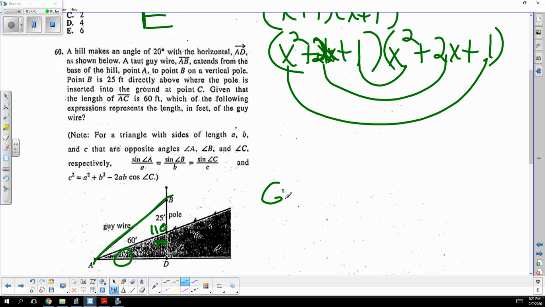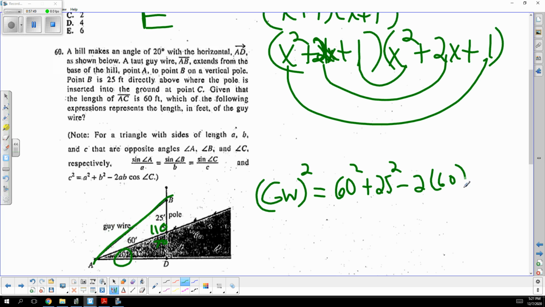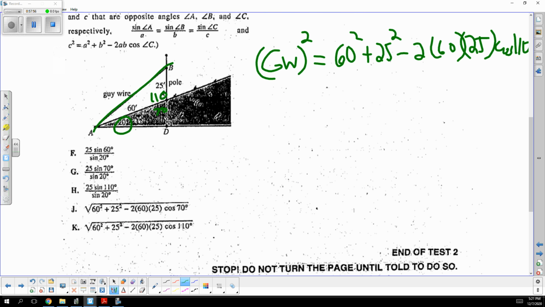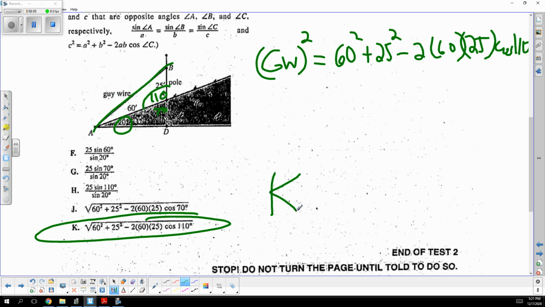The guy wire squared is equal to 60 squared plus 25 squared minus 2 times 60 times 25 cosine of 110. And when I look at it, what did I teach y'all in class? Look for the opposite the angle last. There it is, it's K. And you are done in 1 hour. I finished in 58 minutes.